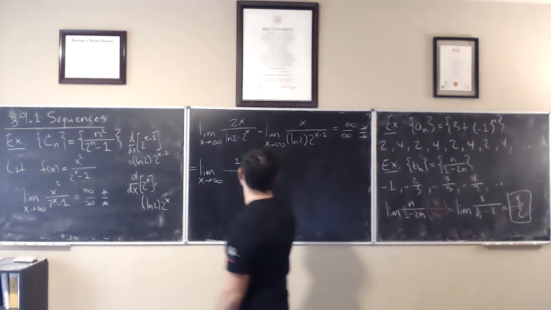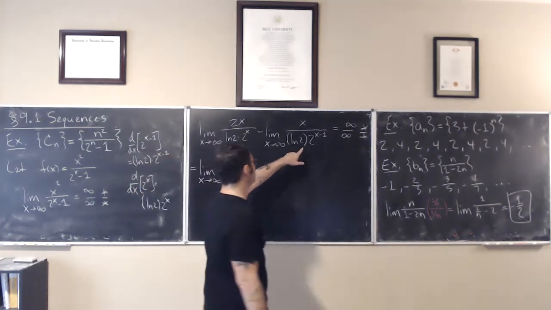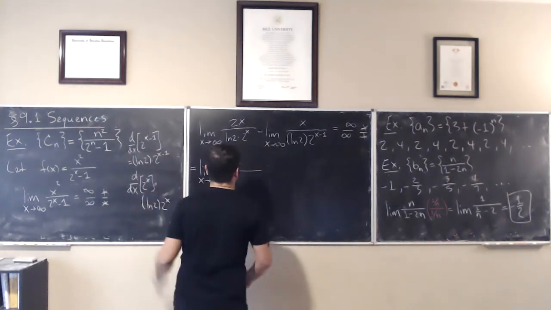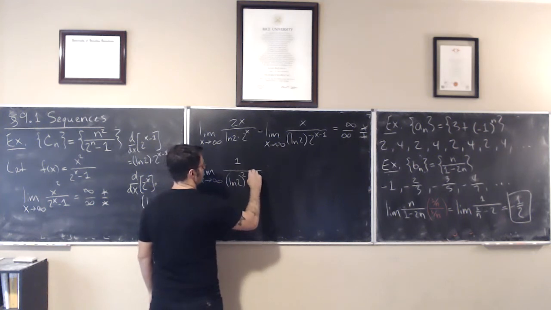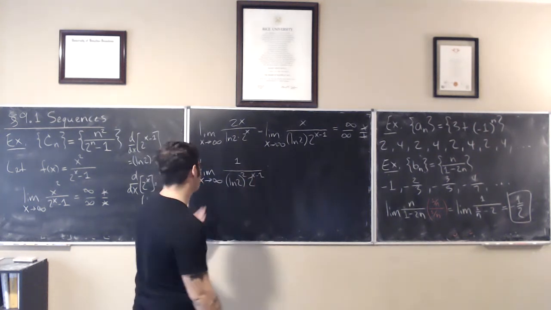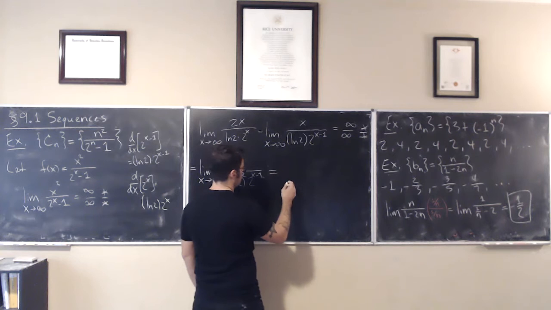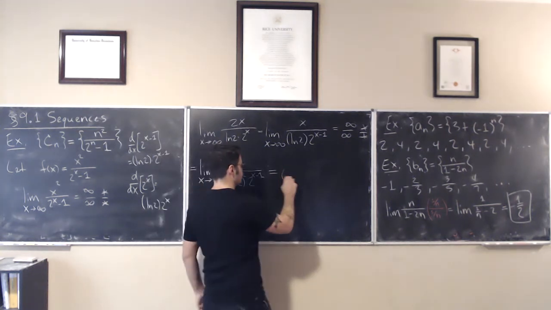So that natural log of 2 is going to be hit again, and it's going to become squared. And then we're going to still have 2 to the x minus 1. Now, as my intuition at the beginning held, this is just going to go to 0.